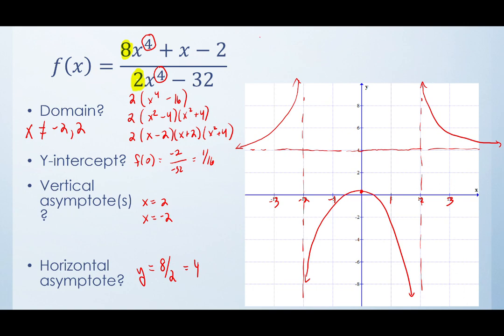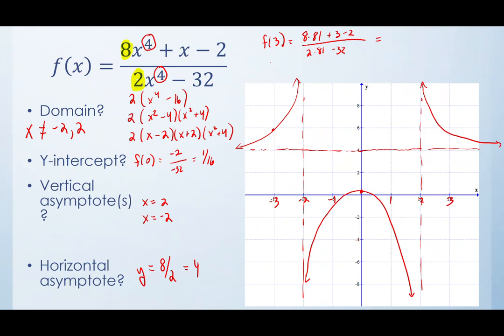But we could say, hey, what's f of 3? Then that's 8 times 81 plus 3 minus 2 over 2 times 81 minus 32. And that's going to be a positive number. So we know that it is positive, right, up here, probably.